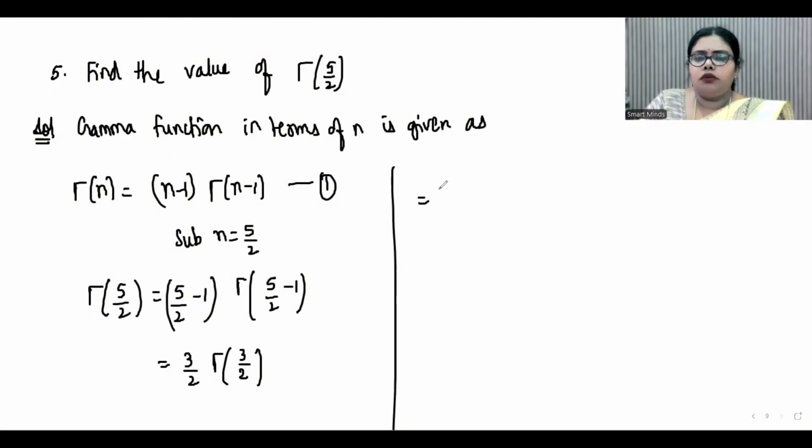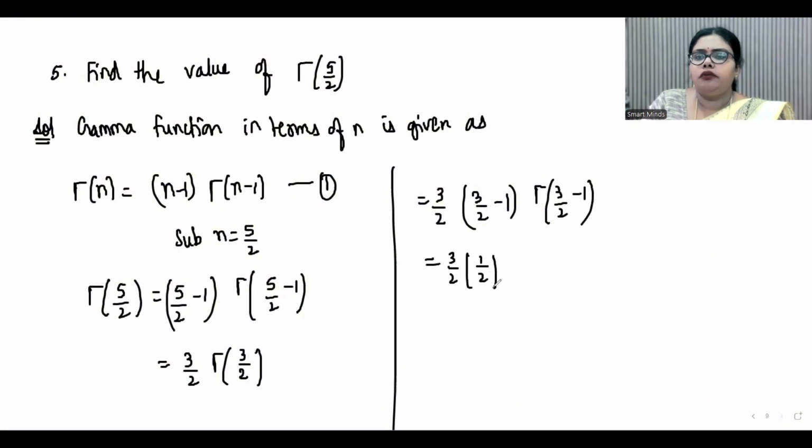Now this is equal to 3 by 2 into, how can you write gamma of 3 by 2? That is (3 by 2 minus 1) into gamma of (3 by 2 minus 1). So that is 3 by 2 into 1 by 2 into gamma of 1 by 2. That is 3 by 4 gamma of 1 by 2.